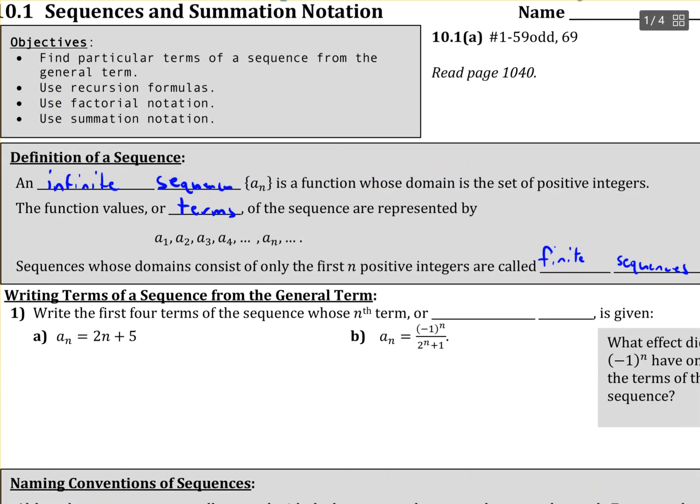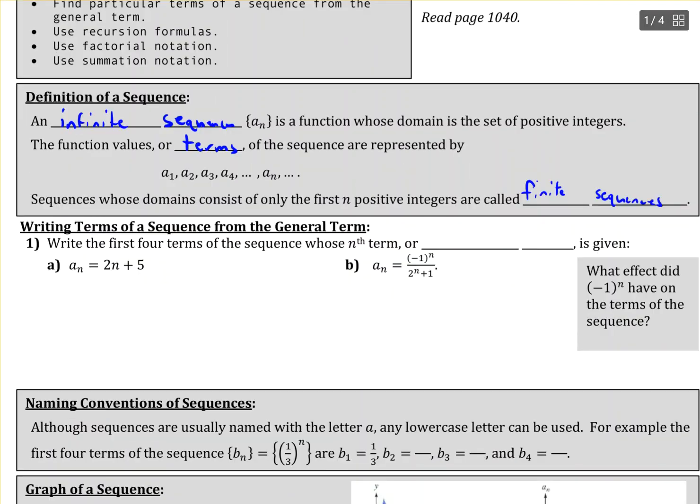All right, so write the first 4 terms of the sequence whose nth term, or general term, is given. There's a few names for that. You could say explicit equation. There's a bunch of different ways, but I think we're looking for general term here. So I'm just going to plug in n equals 1.